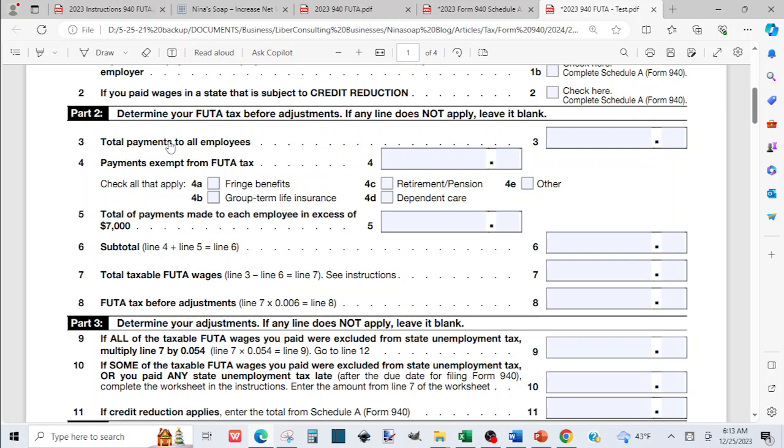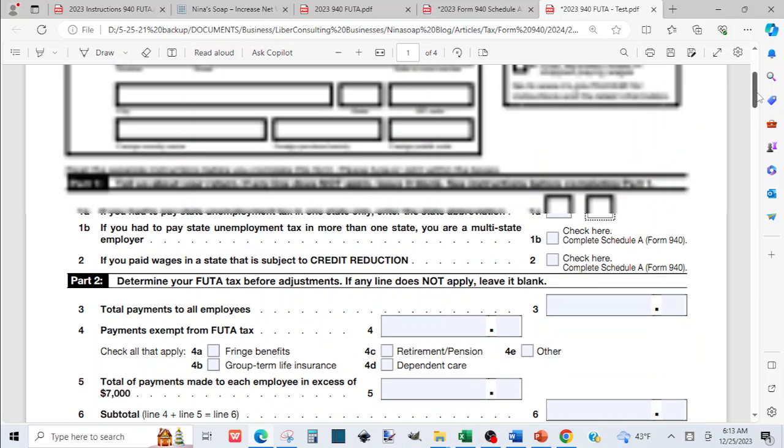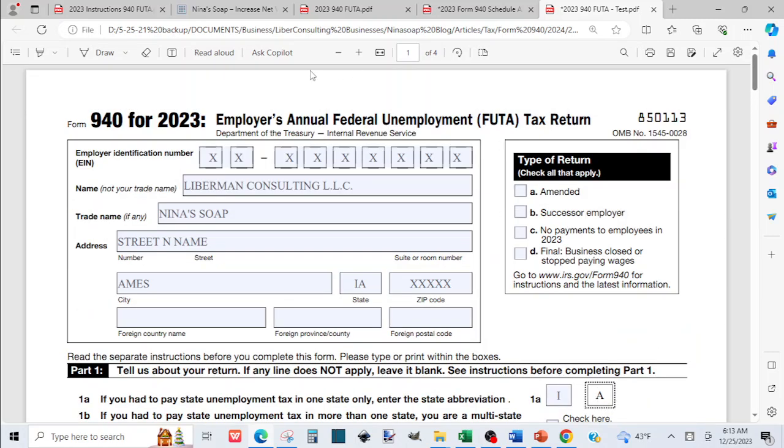So, total payment to all employees. Again, Form 940 is an annual federal tax return. You file it once a year with the IRS.